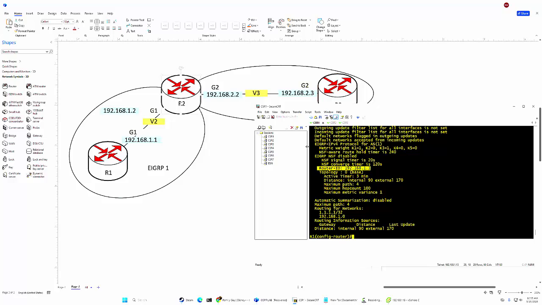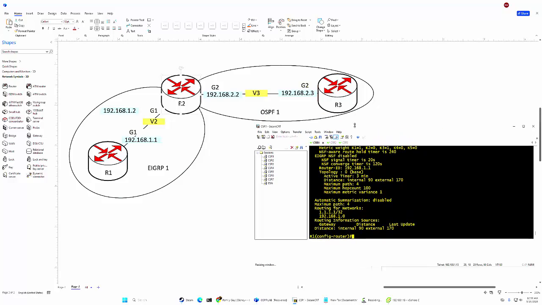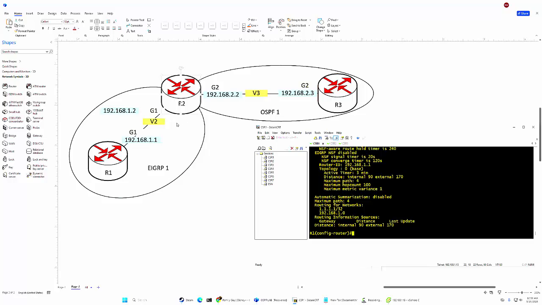Router 1 is in the EIGRP domain, and in order for it to know about 3.3.3.3, it needs to have that OSPF route inserted into the EIGRP domain. Router 1 is speaking EIGRP. It has no knowledge of OSPF.